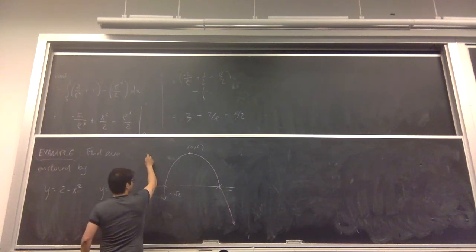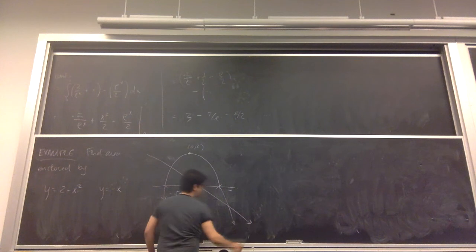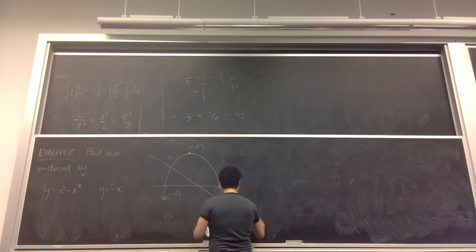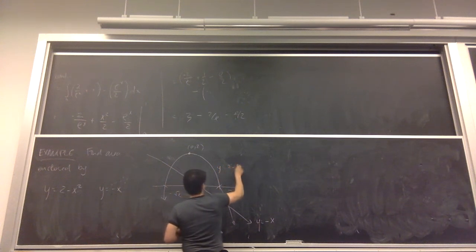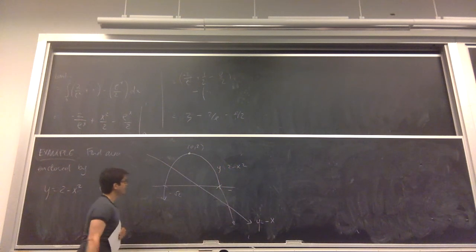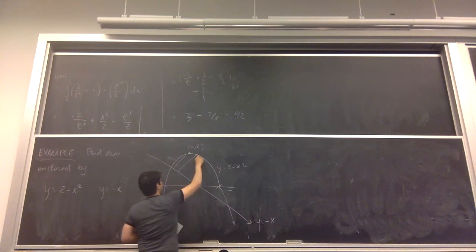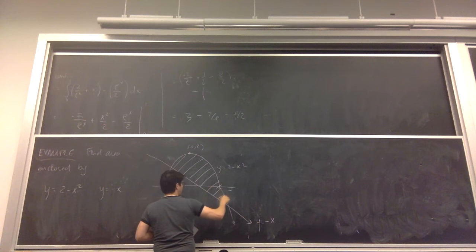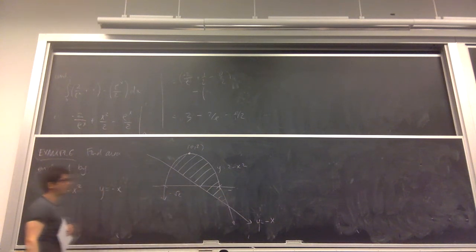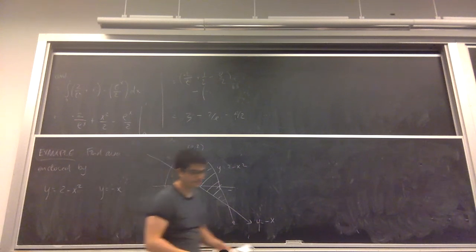Then we cut this with a line like this. This is going to be y equals minus x, and this curve here is y equals 2 minus x squared. You see that we've naturally bounded an area. How do I get that area? Maybe we can just set up the integral and call it a day.